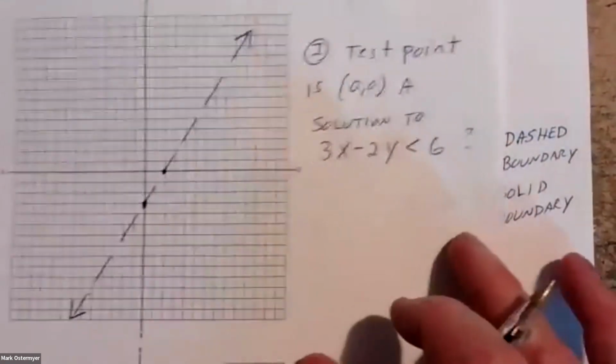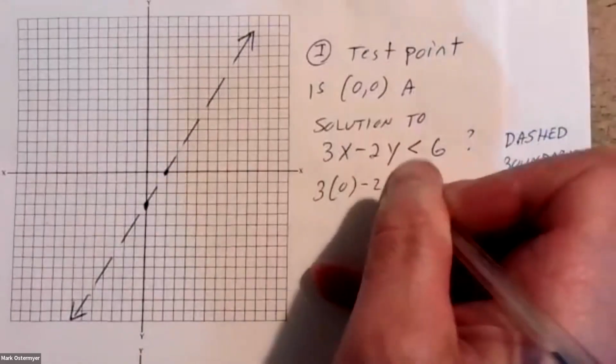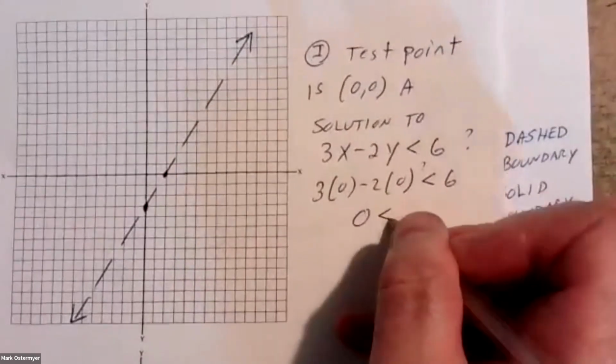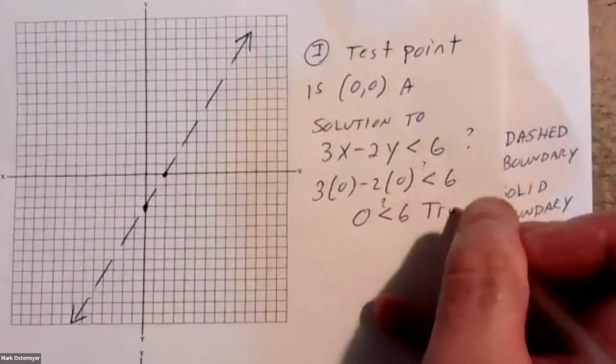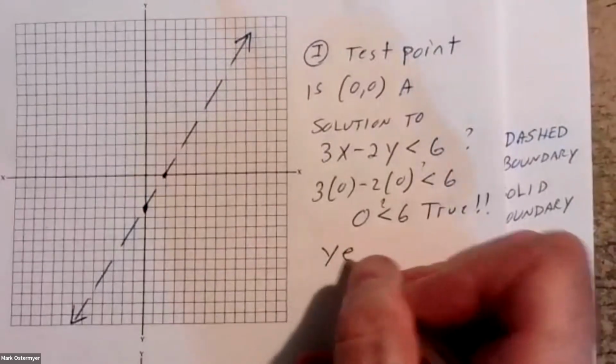Is it true or false? Well, we replace x with 0 and y with 0. And we ask ourselves, is this true or false? Is 0 less than 6 true or false? That's true. So the answer is yes.